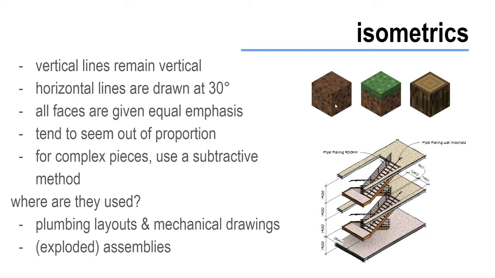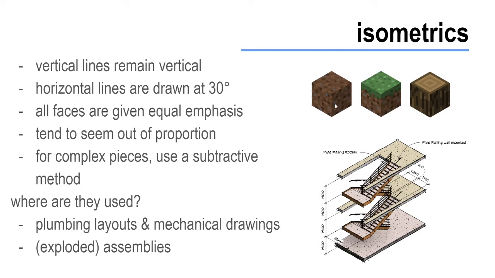All three of my faces are getting equal emphasis in that particular drawing. Our vertical lines remain vertical in this style of drawing, and our horizontal lines, if they are parallel to the plane of projection, are at 30 degrees.